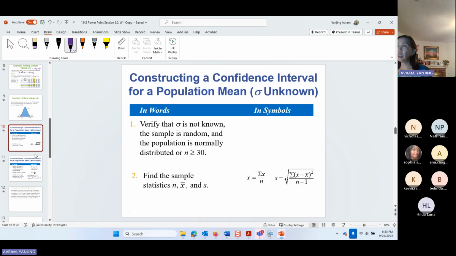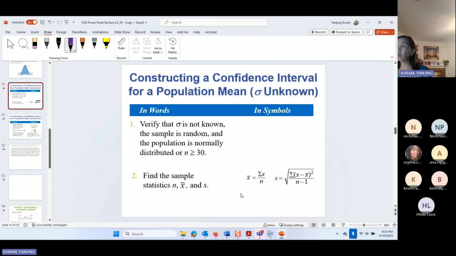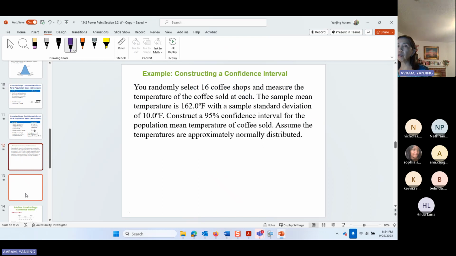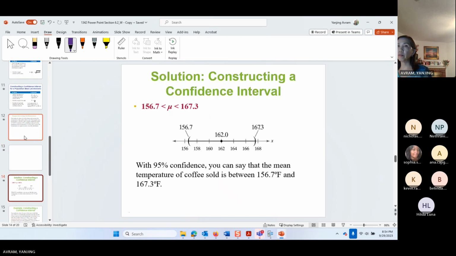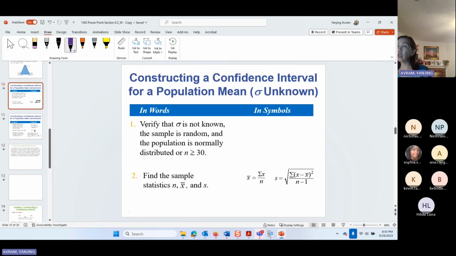If we want to find a confidence interval, it's very similar. Step 1, we have to look at whether this is a Z or T interval.